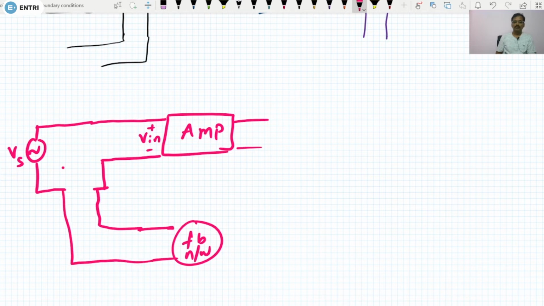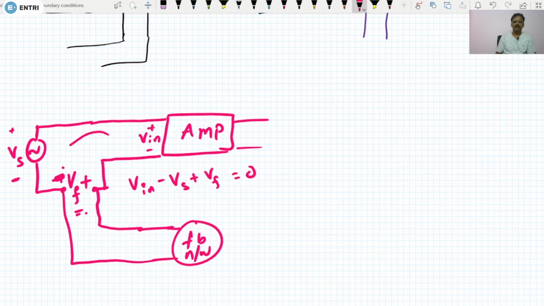Suppose you are mixing the voltage here. You have to mix the voltage in this manner, so here you have the plus sign and here the minus sign. So Vin is, minus Vs plus Vf equals 0 if I apply KVL around this loop.